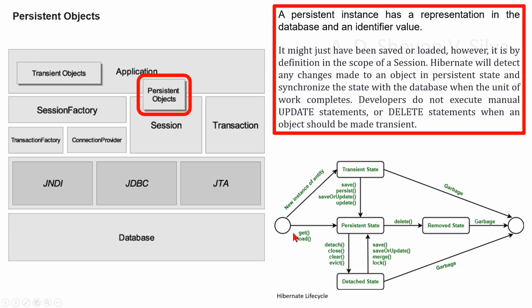Here you can see a new instance of entities passed to transient state. Garbage is passed from transient state. Transient state is connected to persistent state. Save, persist, saveOrUpdate and update methods are passed from transient state to persistent state.